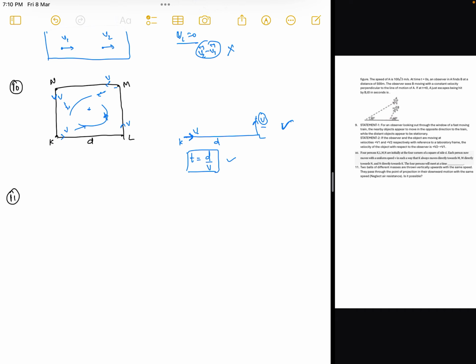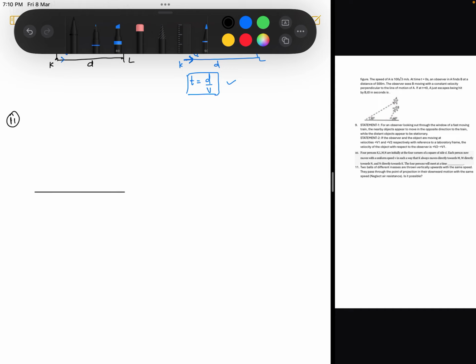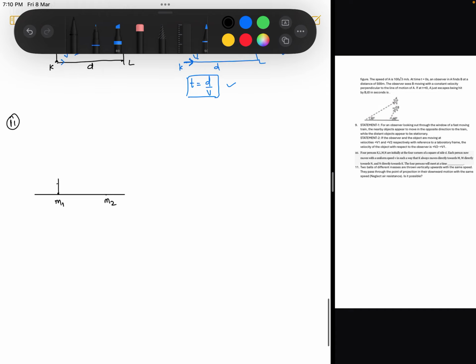Okay. Let us suppose this is the surface, and this is a particle of mass m1, and this is a particle of mass m2, and we are throwing them with the same initial velocity, equal to u. The motion of these two particles will be like this. They will go up and they will come down.